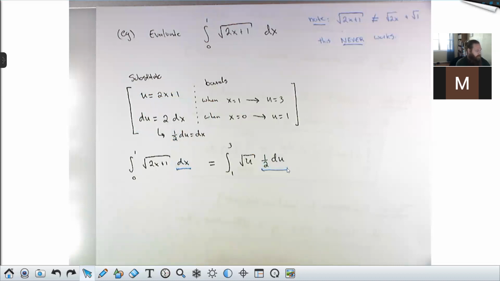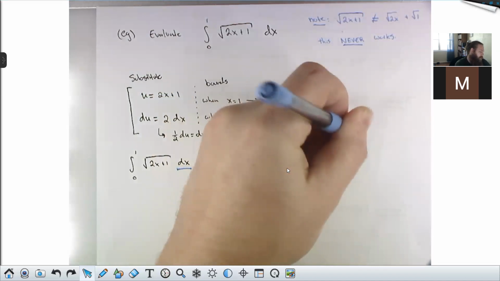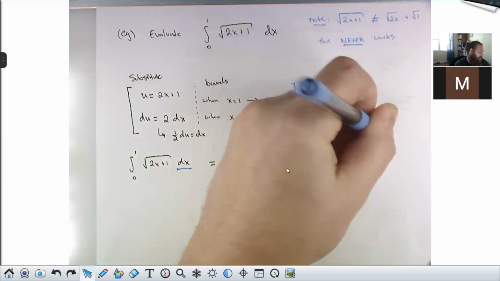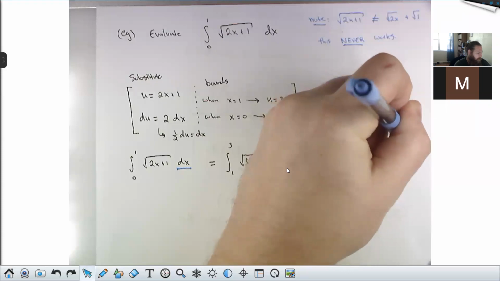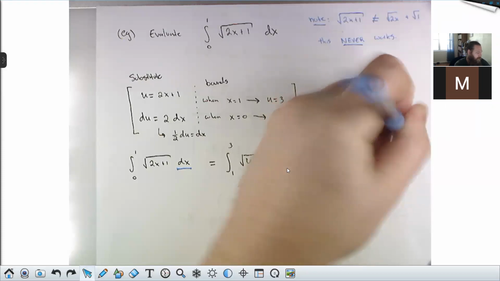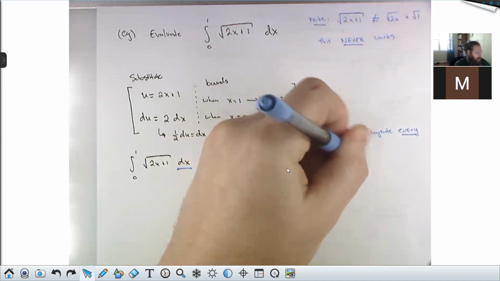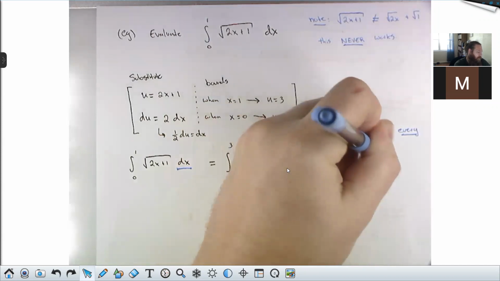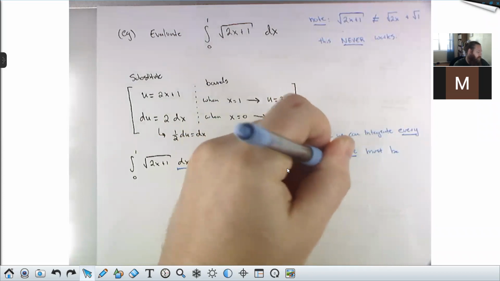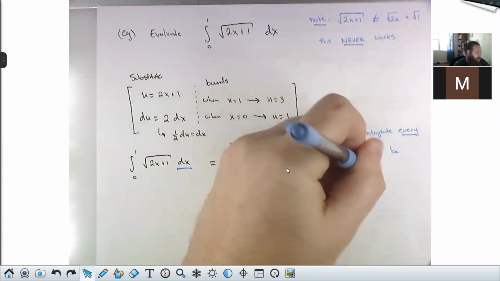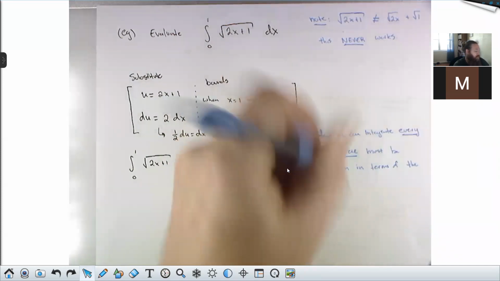And the kind of moral of the story here is that before we can integrate, every single piece must be rewritten in terms of the new variable.